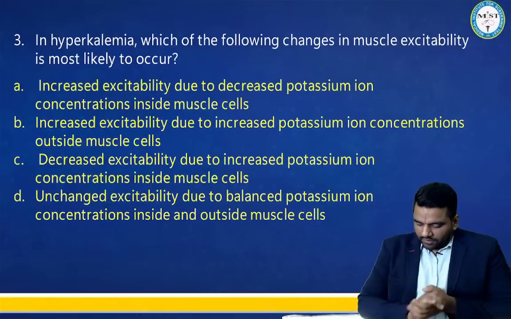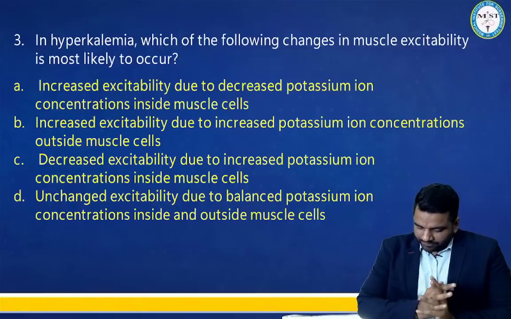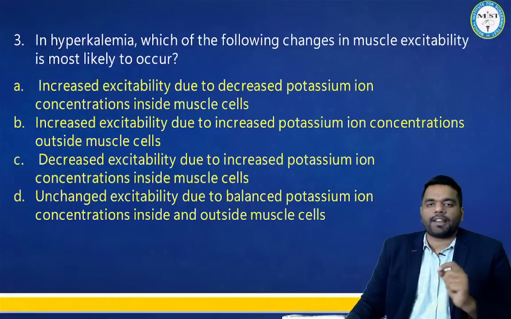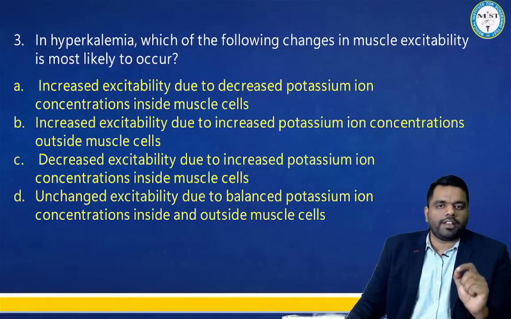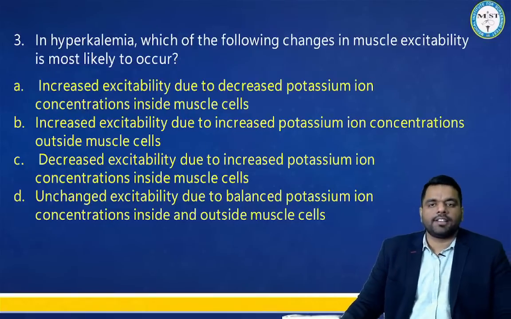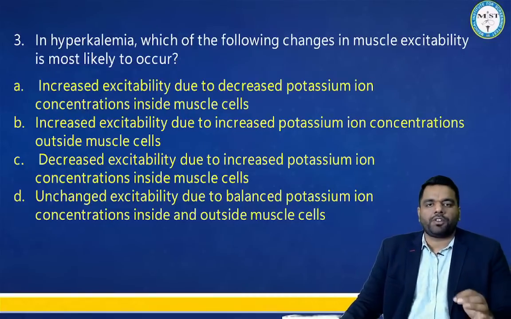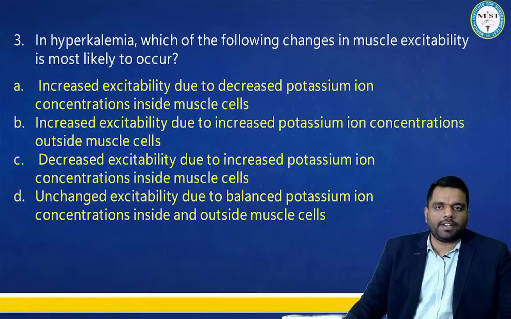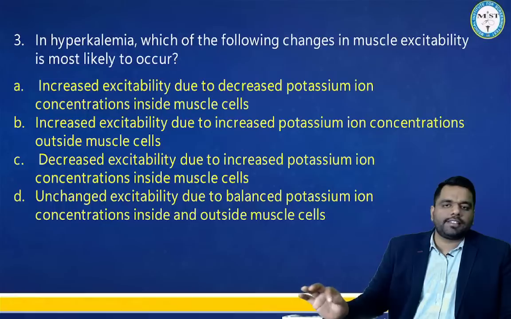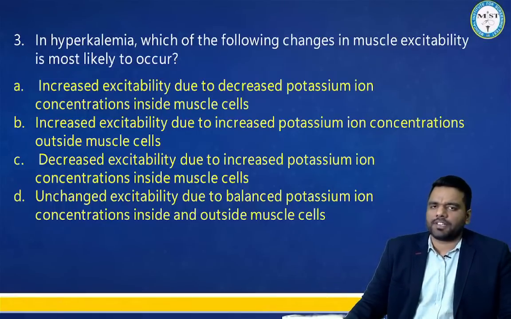So let's come to MCQ number 3. The question states that in hyperkalemia, which of the following changes in muscle excitability is most likely to occur? Option A, increased excitability due to decreased potassium ion concentration inside the muscle cell.